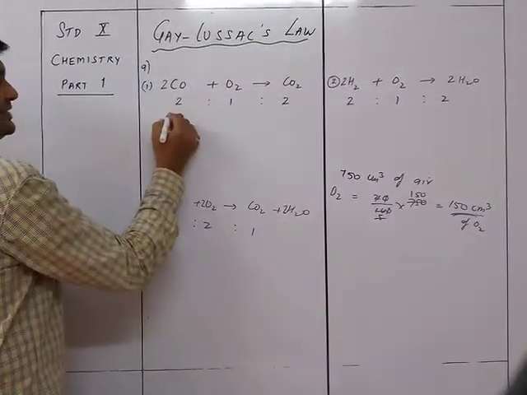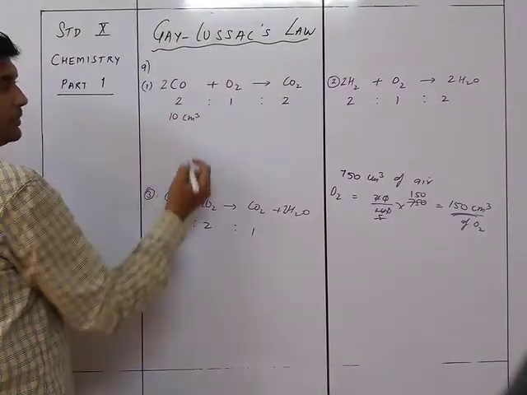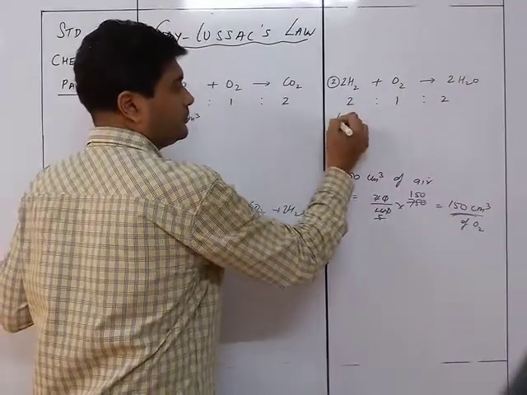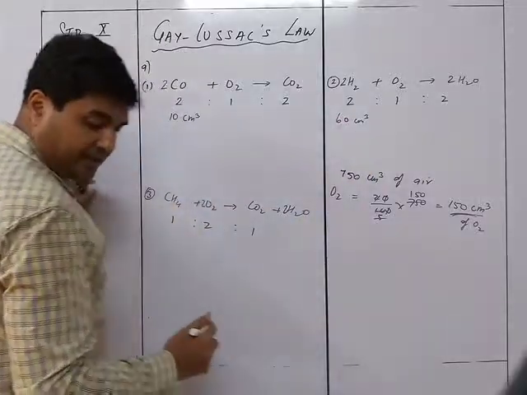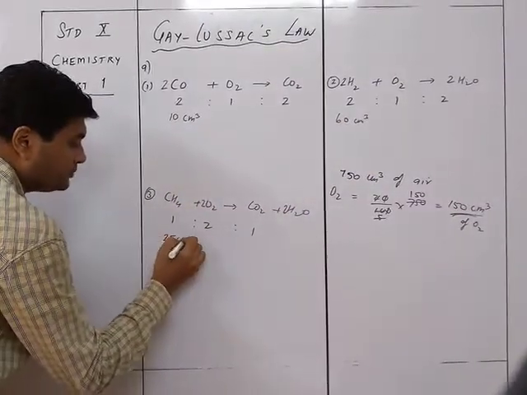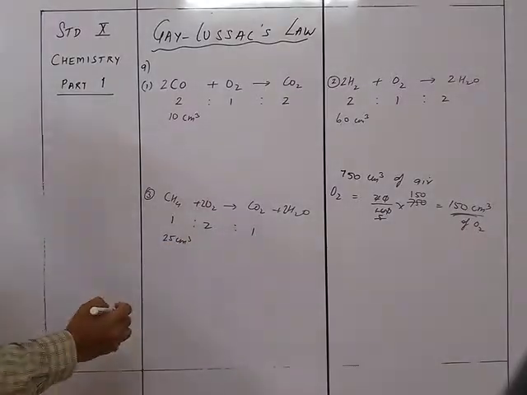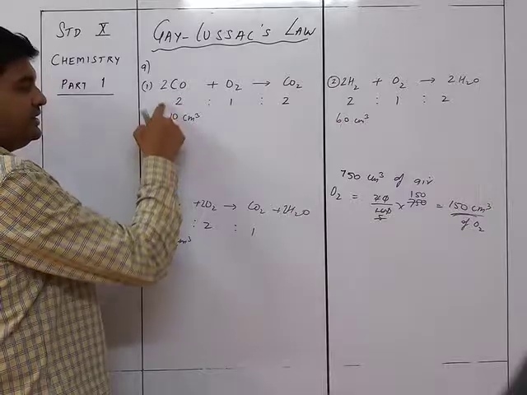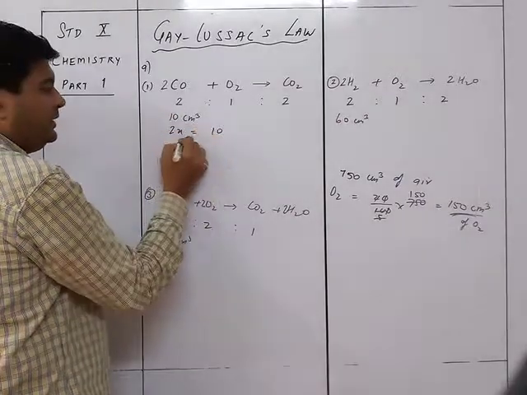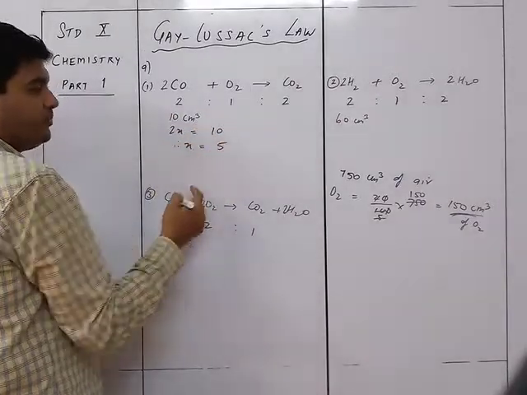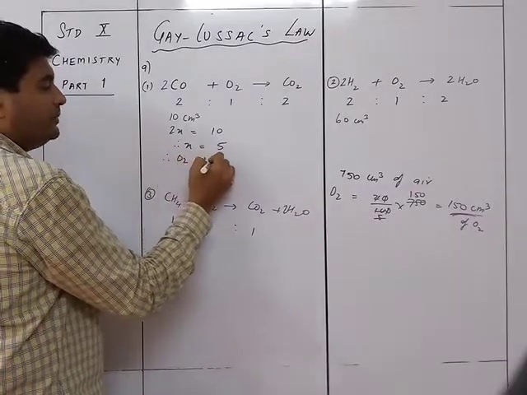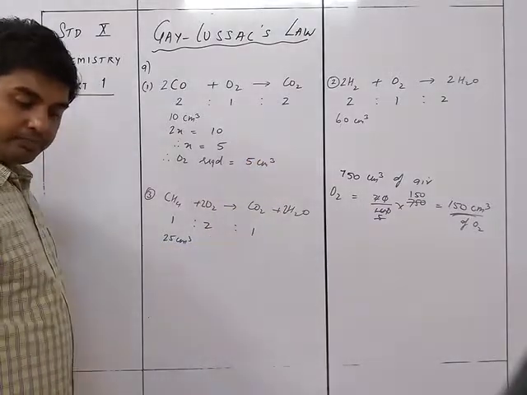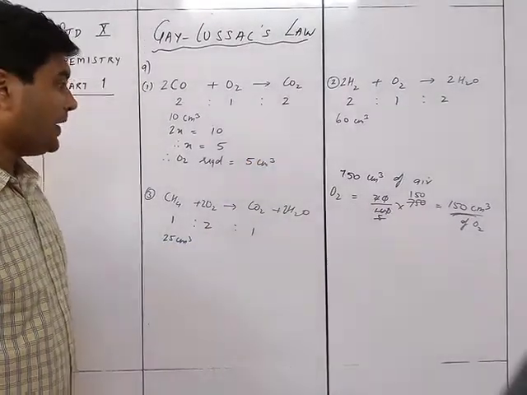So they are given over here, this is 10 centimeter cube. The hydrogen is 60 centimeter cube. And the methane is 25 centimeter cube. So in this case, if 2x is equal to 10, therefore x is equal to 5, therefore O2 required will be equal to 5 centimeter cube, right?